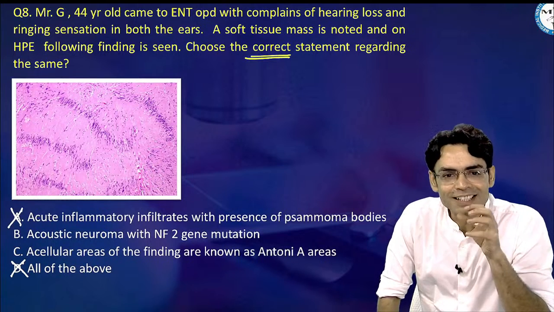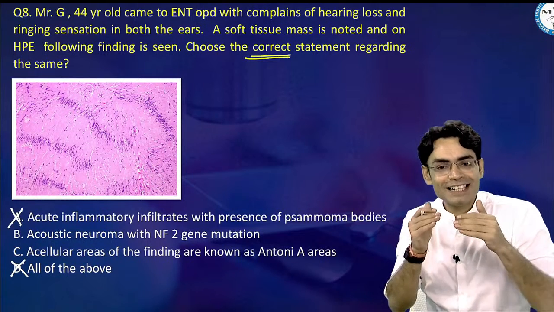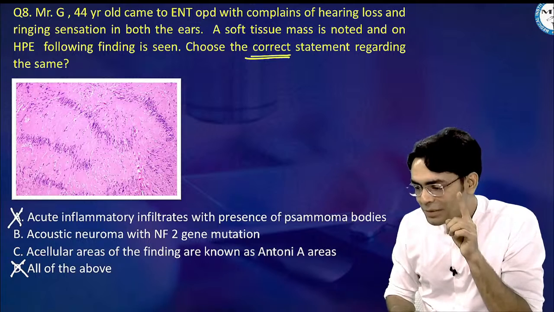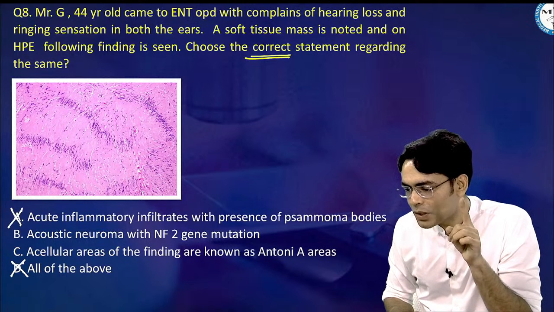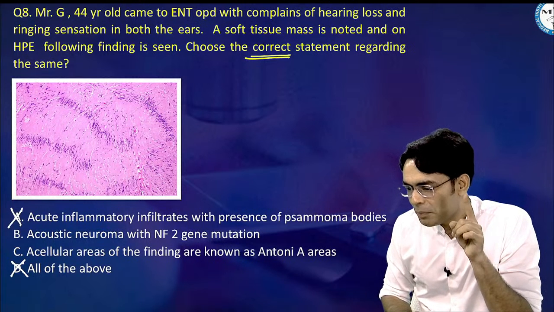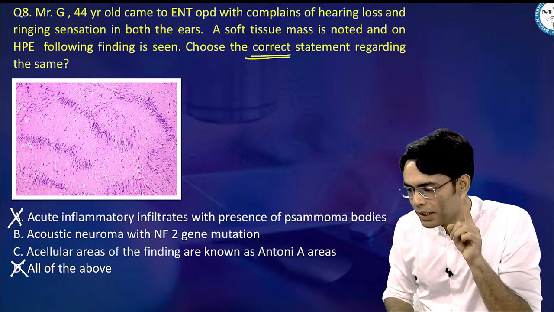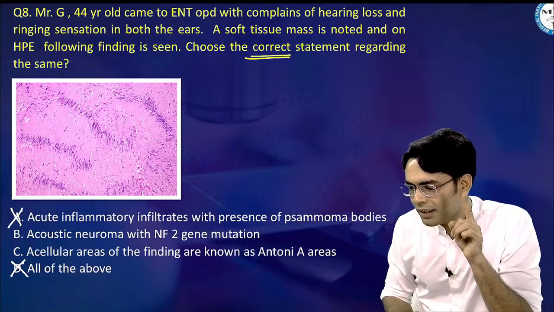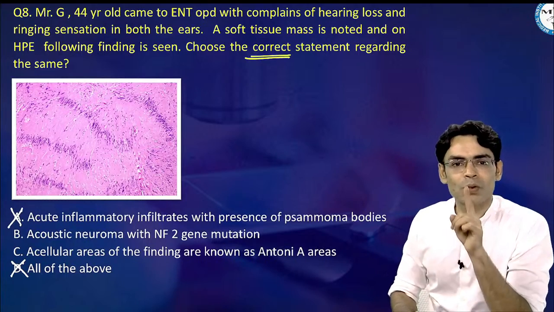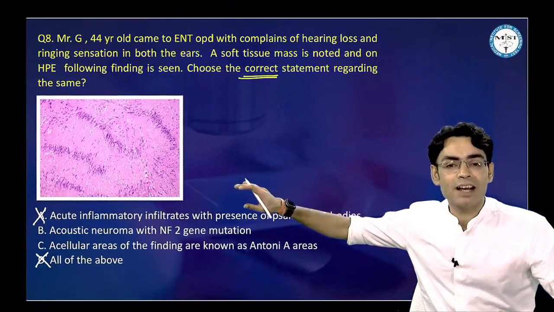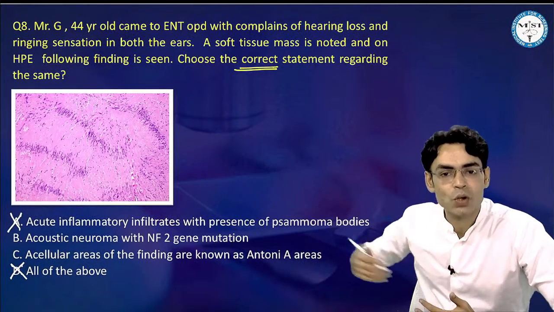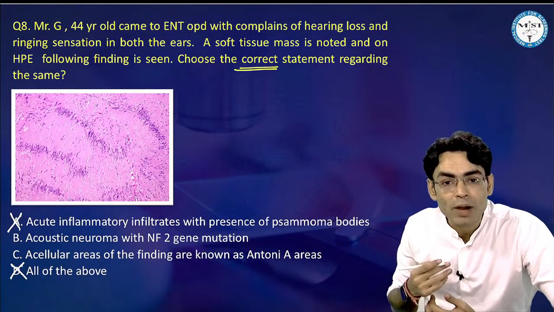So here the situation is that you need to find out. Many of you are giving me an answer which is C. No, beta, this is a question of schwannoma, which is also called acoustic neuroma.